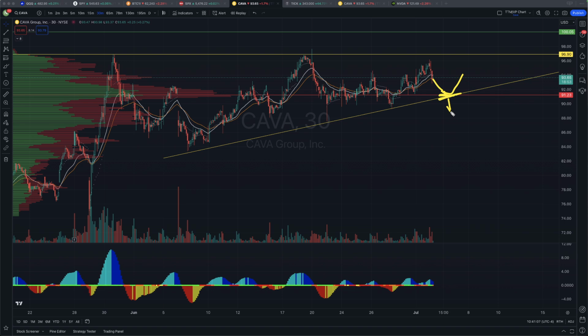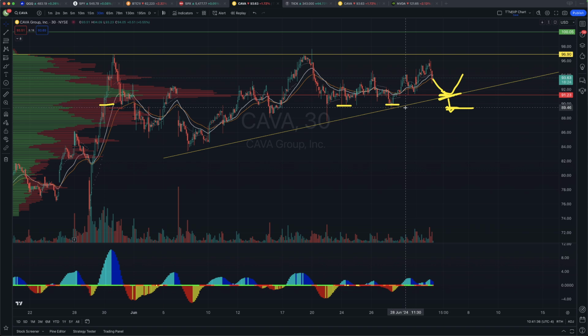Now, if we start to break below that, I'm going to sort of play the value area low here. You can see it come all the way across. This first breakdown would be a key indicator, and then if I didn't cut it right away and I wasn't quite sure, I'd be watching this almost 90 dollar level, let's call it 89.56.